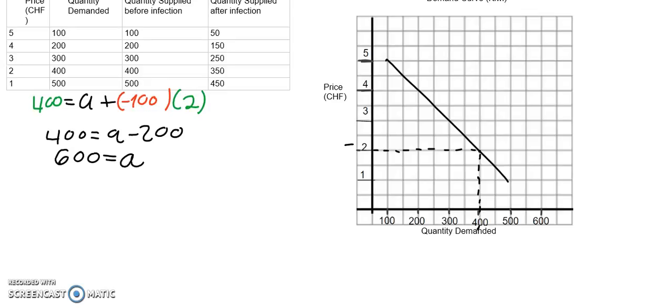Now, it says here that A equals 600, and as you might remember, A is the quantity demanded if the price is 0. So that means that we can extend the line from 600 to connect it to the demand curve. That will extend the line.